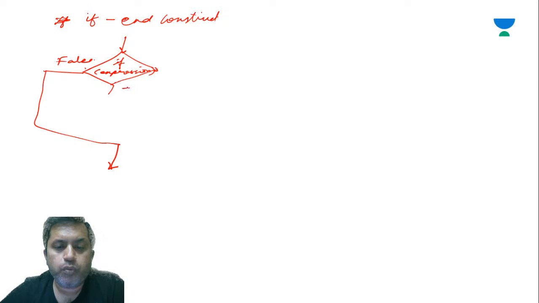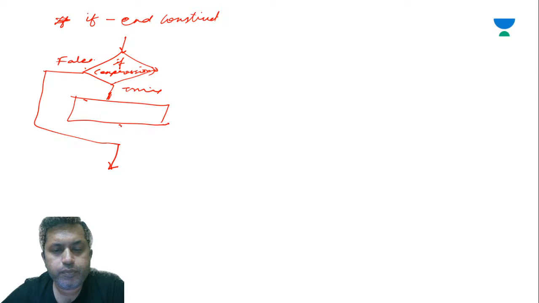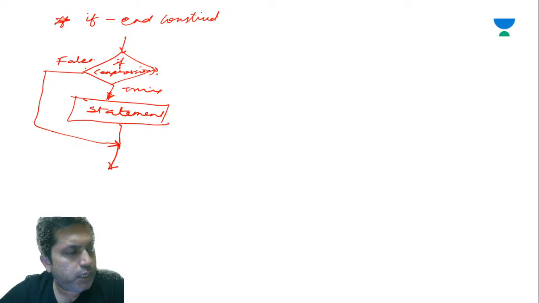If it is true, then we'll execute some statement. Suppose you need to put an arrow. So this is a construct.